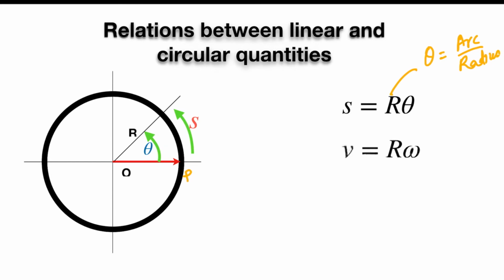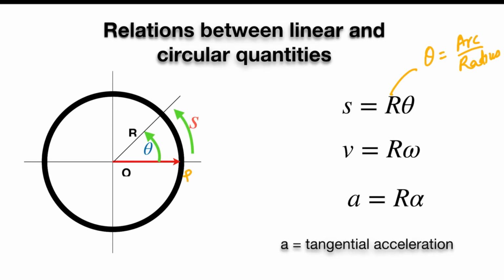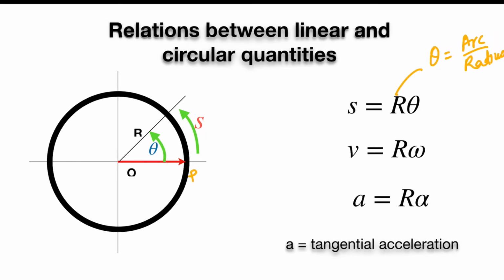And the linear velocity is equal to r omega, and similarly the linear acceleration, which is a tangential acceleration, is equal to r into angular acceleration. Now let's take an example to understand this relation.